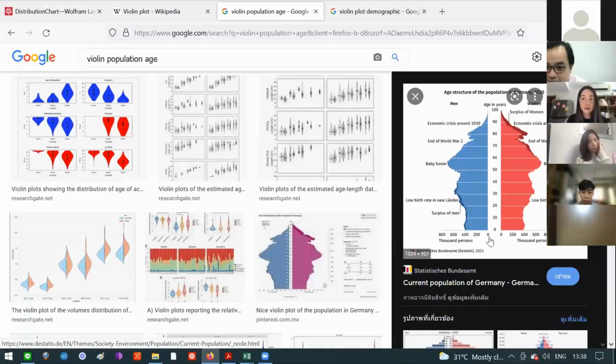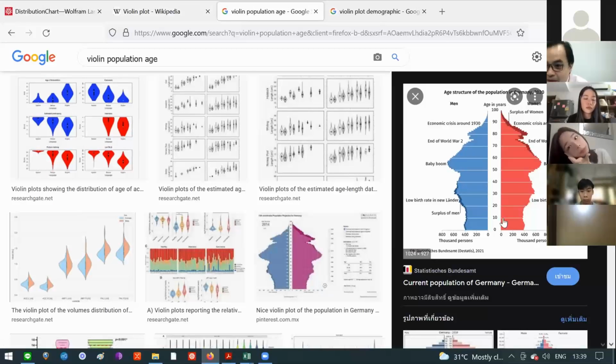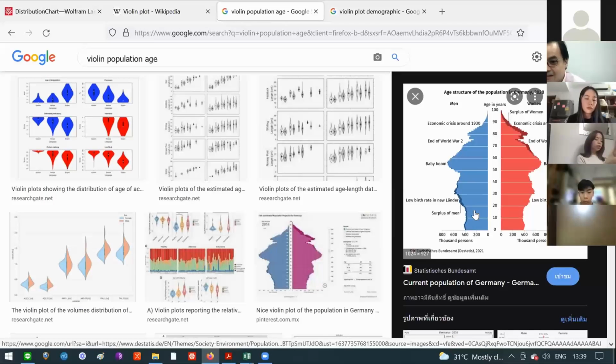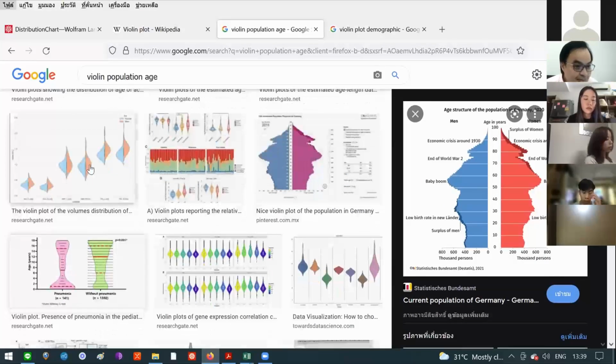So maybe this is men on the left, women on the right, and this is the age group. Maybe there's one for normal people without the disease, and one overlaying with the disease. You can see that this one has 2 lines to it. So that might be helpful.